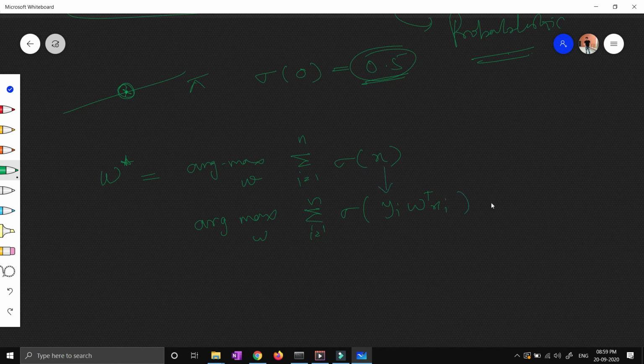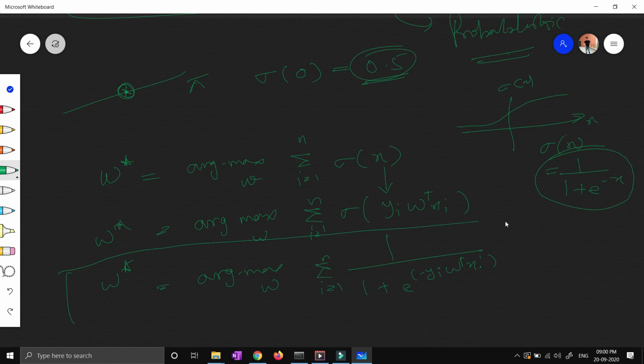And from the sigmoid function, we understand that sigma x equals 1 upon 1 plus e to the power minus x. If I put this value in, I can say 1 upon 1 plus e to the power minus yi w transpose xi. So this is all equal to w star.